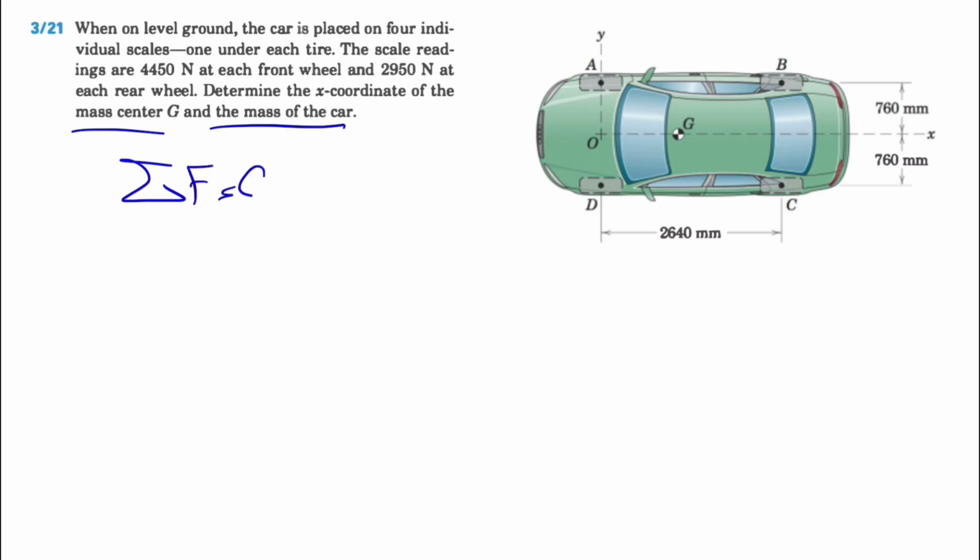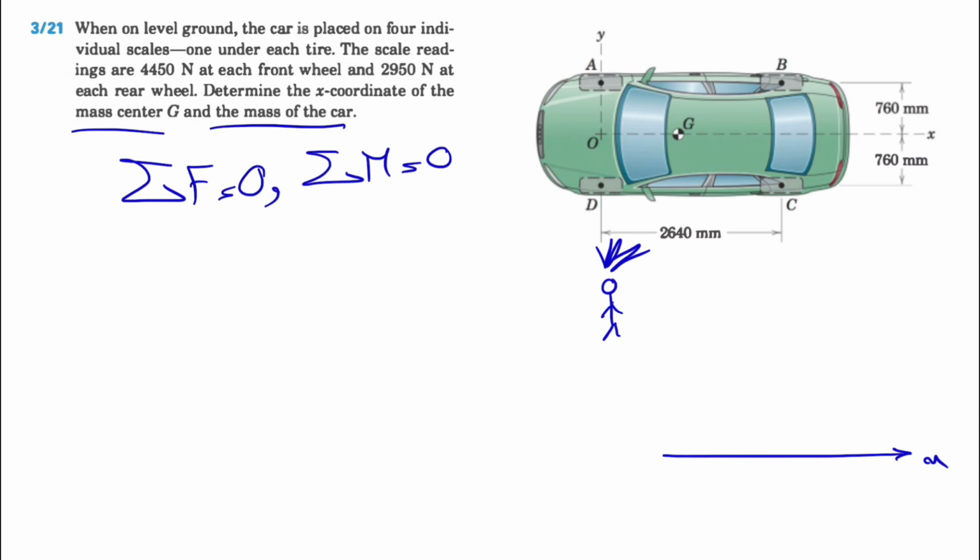We have our sum of all forces equals 0, and same for the moment. Take a look at this question: it is a 3D question, so let's look at this car from the point of view of this observer looking at it here. This will be our x-axis, and we have the z-axis coming out of the xy plane toward us.